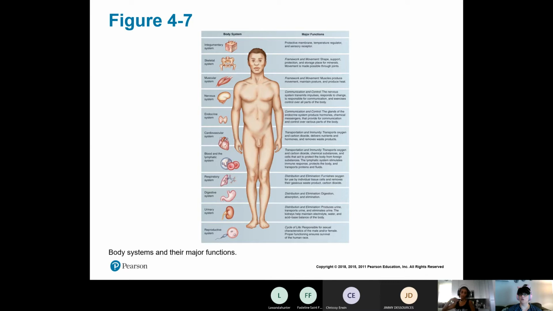Sometimes you'll go and work for a doctor who specializes in skeletal, bone, and muscular issues. That's called an orthopedic specialist, right? Maybe you'll see a dermatologist. That is a doctor who deals with the integumentary system. Maybe you'll see a neurologist. They deal with the nervous system. Maybe you'll see a gynecologist.